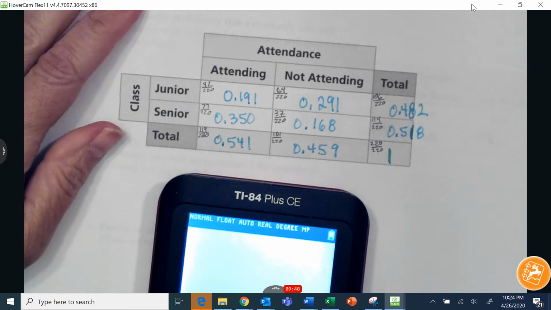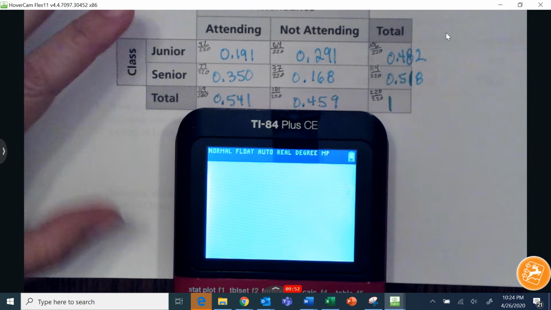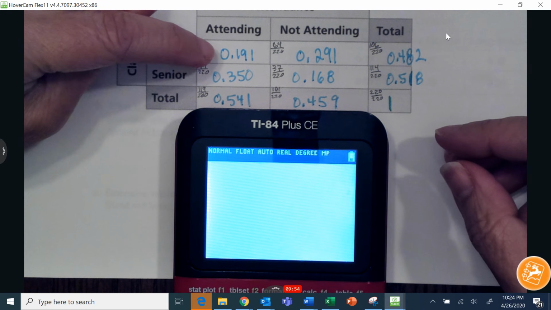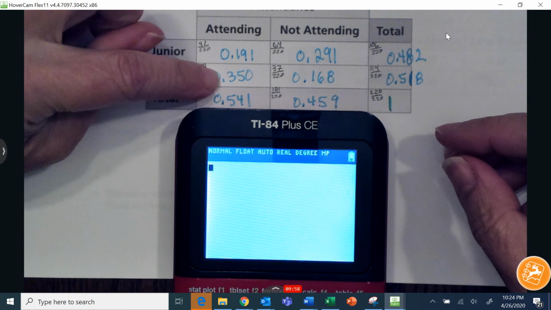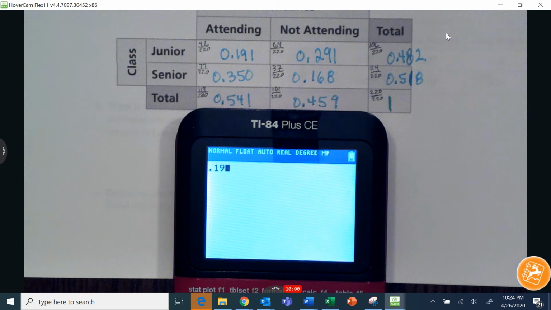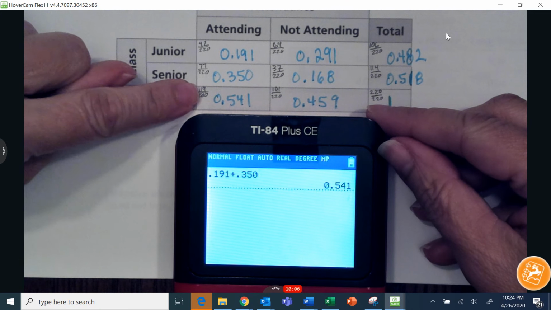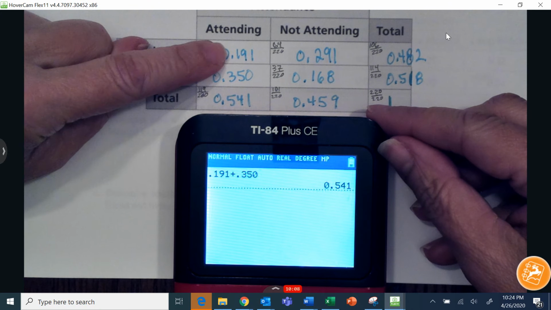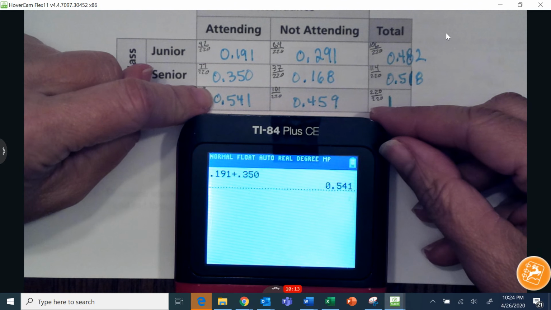Now, if you were to use your calculator and add together anything across the rows or across the columns, let's say I add together the joint relative frequencies 0.191 and 0.350. I get 0.541, and you'll see that is in the total column there. So the joint relative frequencies add together to give us the marginal relative frequency.